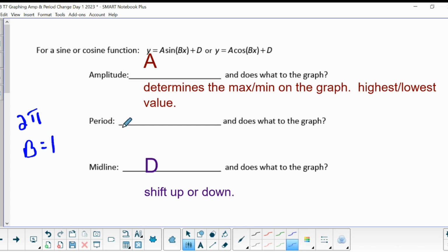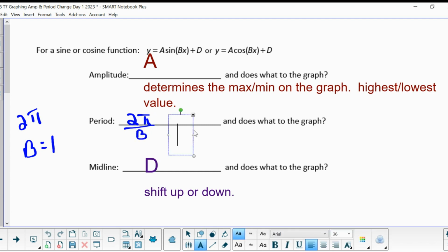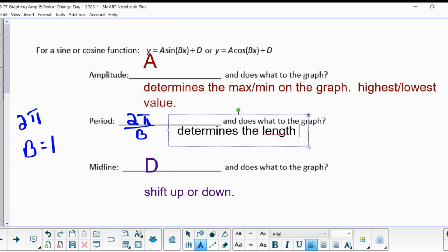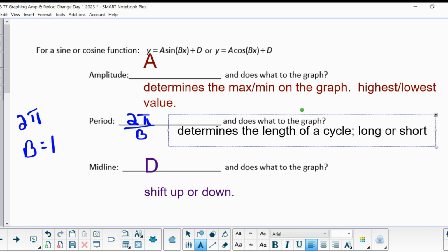So the way that you actually figure out the period is you take 2 pi, which is the normal period, and divide by B to get you the new period. And the period determines how long or short the graph will be. So it determines the length of a cycle, and it shrinks or stretches the graph.